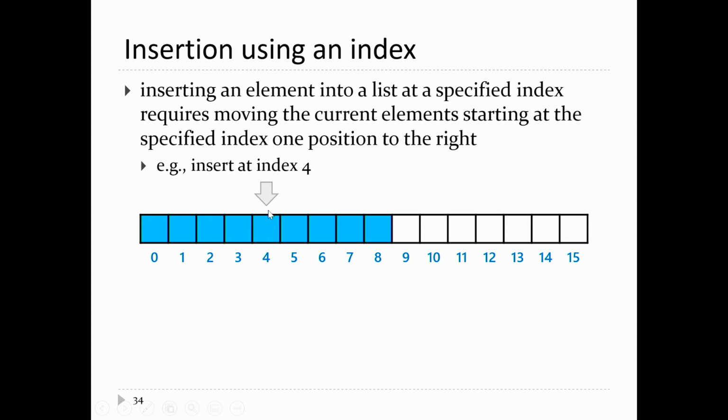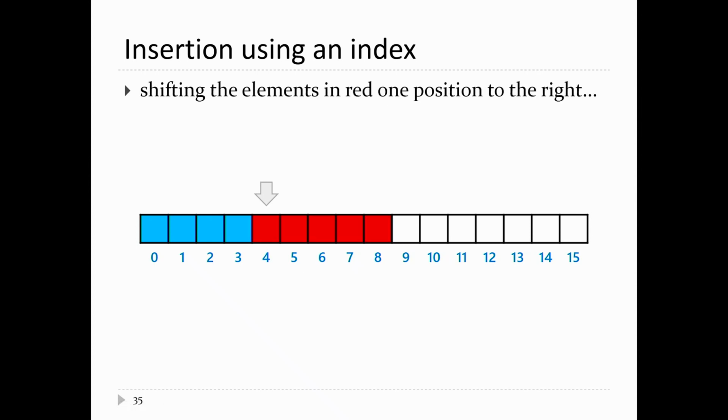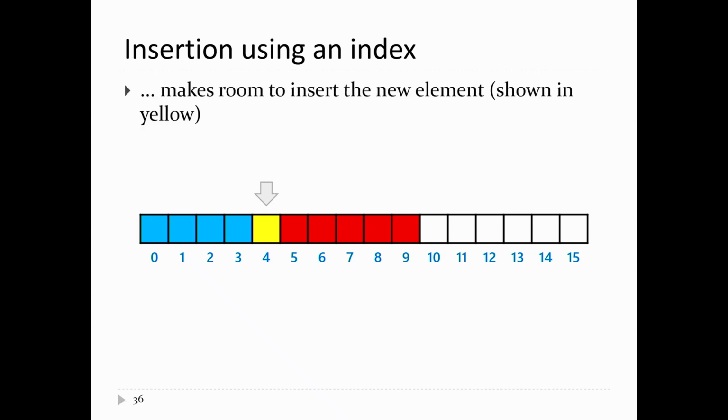If I want to insert an element at this position, then you need to take all of the elements starting at the index where you want to insert and going to the end of the list. I need to move these all over one position because I need to make space for the new element that's going to go into index 4. So I have to take those elements and shift them over. And then I've got a free spot in the array where I can now add the element.